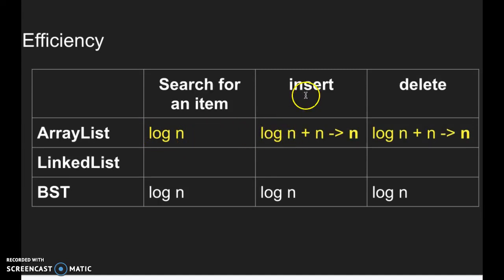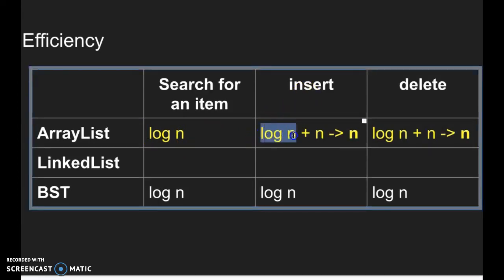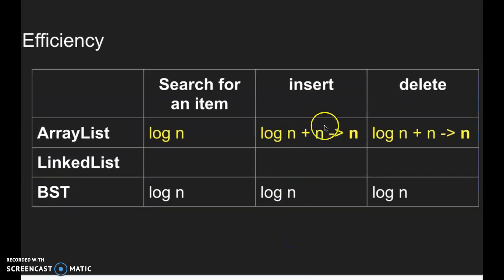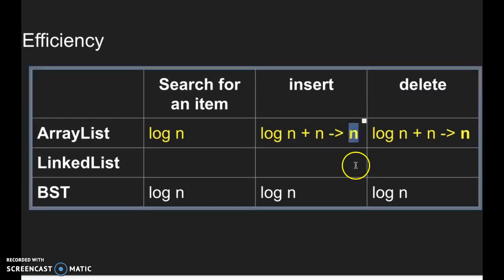Now when I want to insert something, I can do the binary search to find it, but then recall with an array list there's going to be a shift of some elements. And so the net result in terms of big O is going to be big O of n. Similarly for the delete, I search and I'm going to have some shifting, and so really this is an n efficiency level.